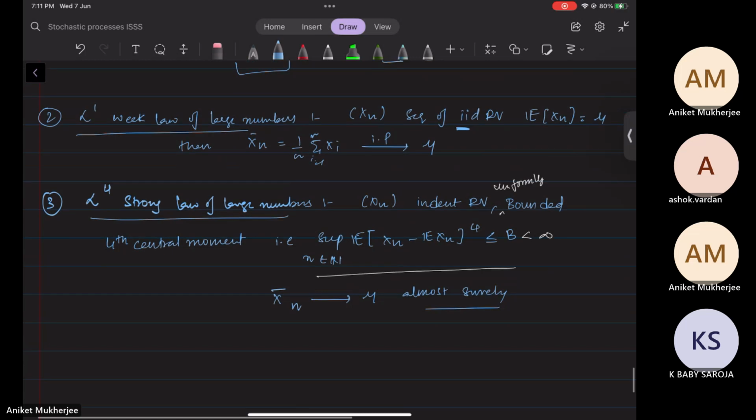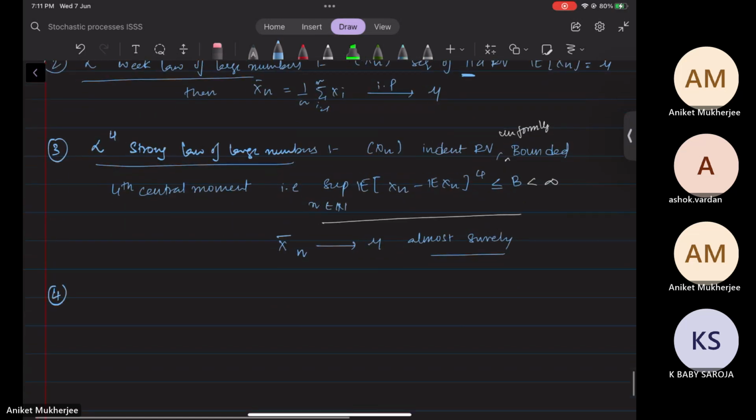I'll state the strongest of all, which is the L1 strong law of large numbers. This is the one that we'll be using regularly.